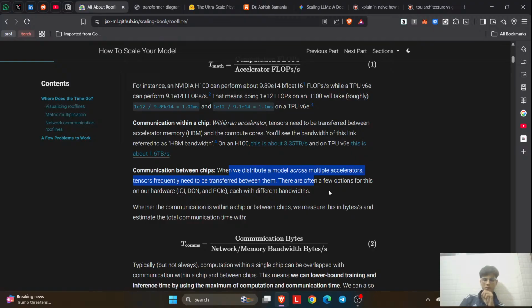Distribute the model across many accelerators. Tensors frequently need to be transferred between them. Okay, so I understand now what accelerator means over here.